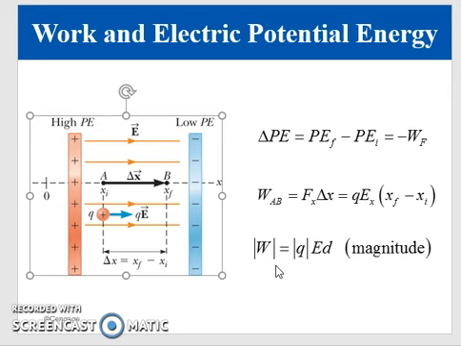And the change in potential energy is going to have that same magnitude, but with a negative sign. The work done and the change in potential energy have the same magnitude, but when I take energy conservation into account, the change in potential energy is equal to minus the work.